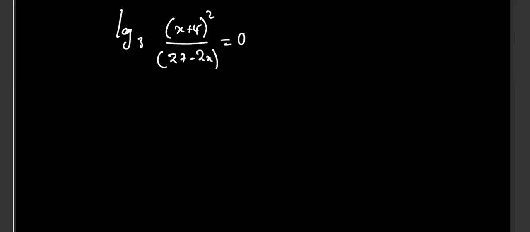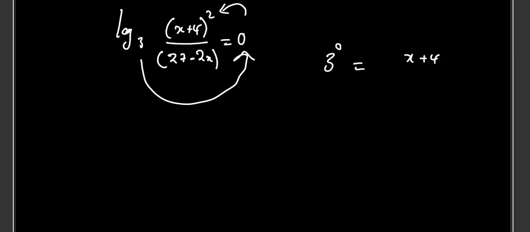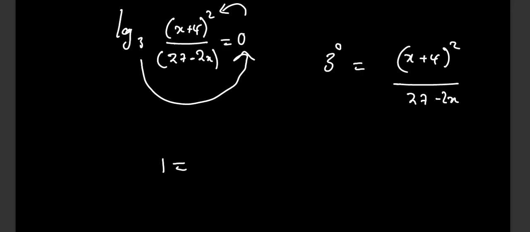Then from here, we change this from logarithmic form to exponential form. So we're saying 3 to the power 0 should give us this thing there, right? 3 to the power 0 is equal to x plus 4 squared over 27 minus 2x. 3 to the power 0 is simply 1. If you want, you can expand the numerator in advance.